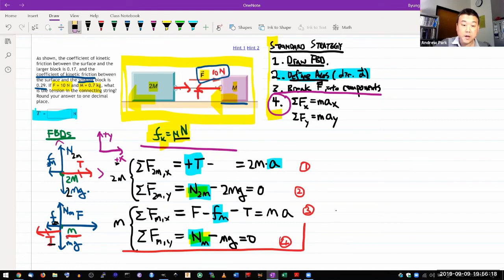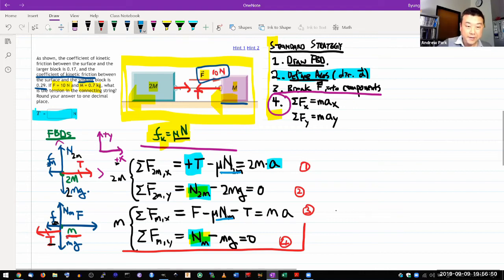I can say, following that formula, the kinetic friction force is equal to the coefficient times the normal force associated with that friction force. And once you have that, then okay, I have 4 equations and 4 unknowns, and this is how you solve them.